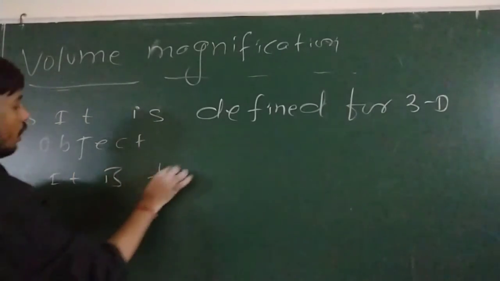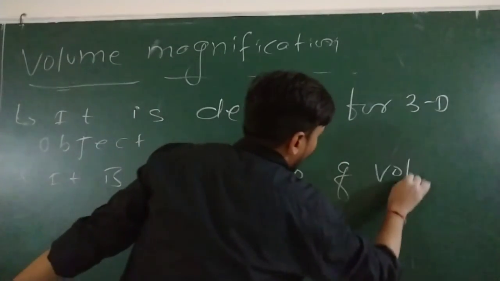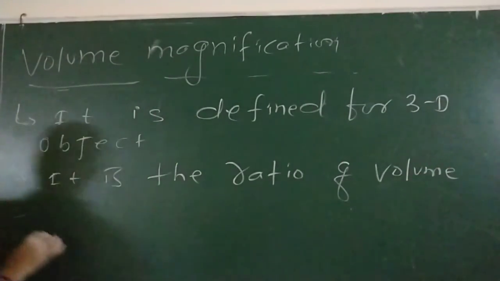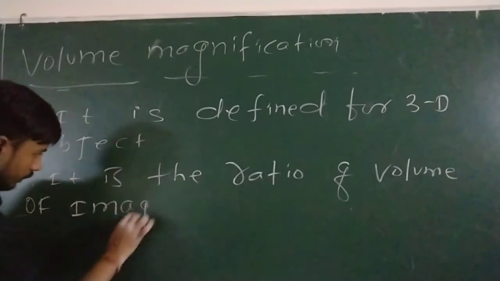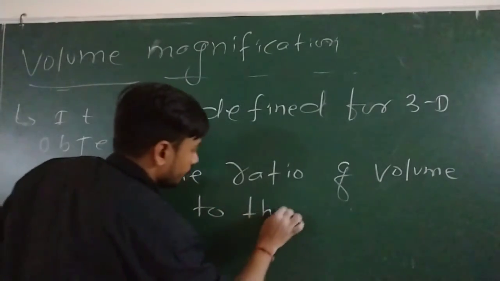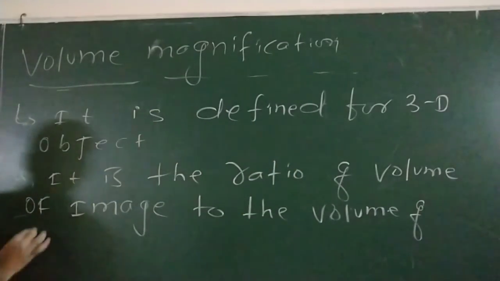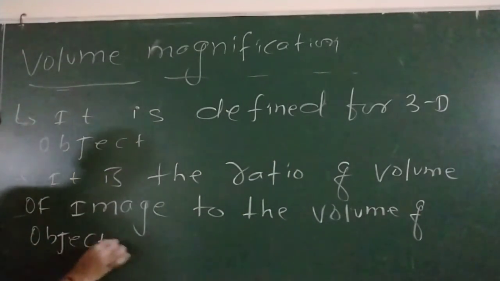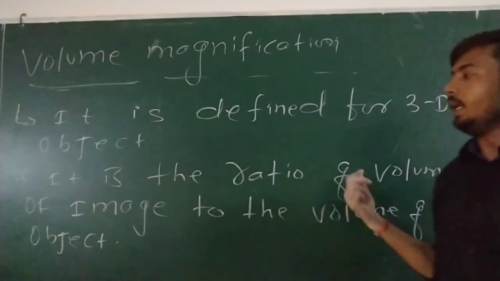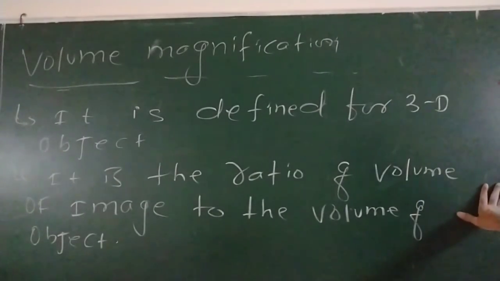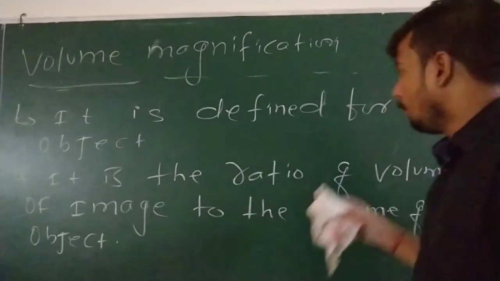It is the ratio of volume of image to the volume of object. So see, its definition is very simple. First of all, it is defined for 3D objects. Second, it is the ratio of volume of image to volume of object. Right. Now we are going to make its mathematical formula.